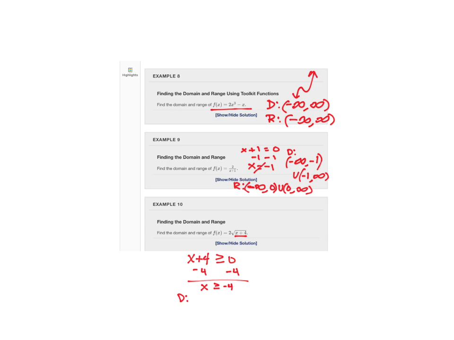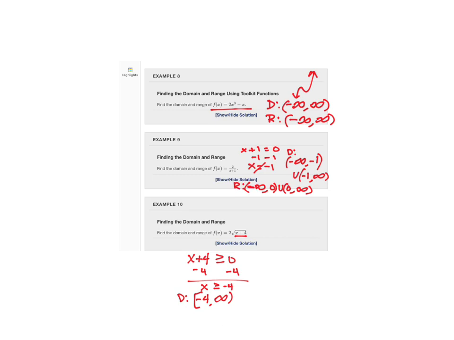So what's the leftmost point on this graph? -4. So it's going to go from -4 to what? To positive infinity. Is it going to touch at -4? Yes. Is it going to touch at infinity?